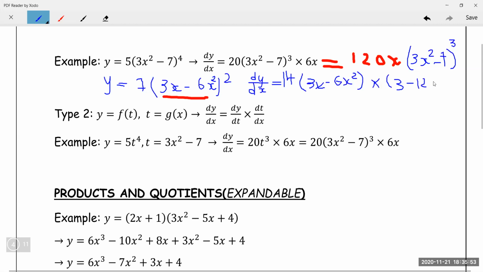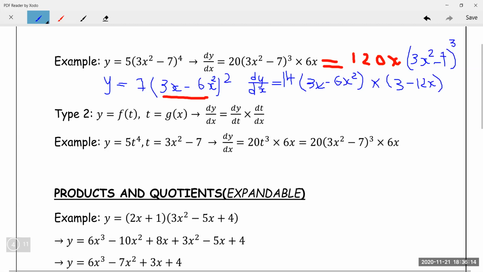Now notice I put a bracket around 3 minus 12x, but I did not put a bracket around 6x. Tell me why I didn't put a bracket. Because it's 0. Very good. So I didn't need to bracket it and say 6x minus 0.